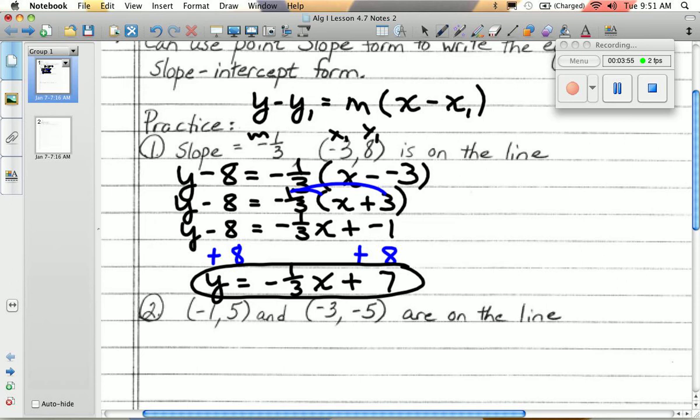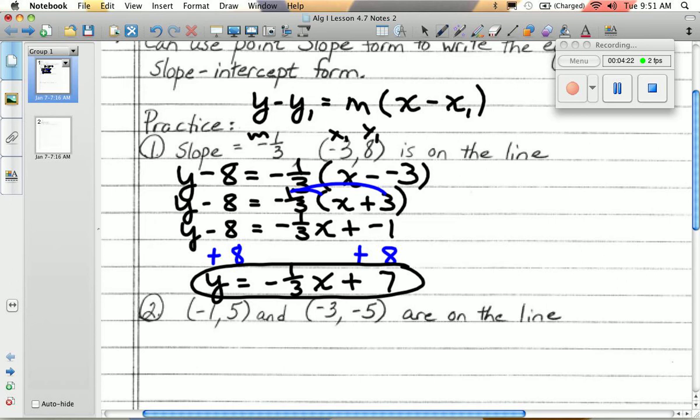So we have it in slope-intercept form. So we now know something about the behavior of this line. Tell me something about the behavior of this line. It doesn't go through the origin. It's not a direct variation then, right? Okay, tell me something else. Will it rise from left to right or fall from left to right?